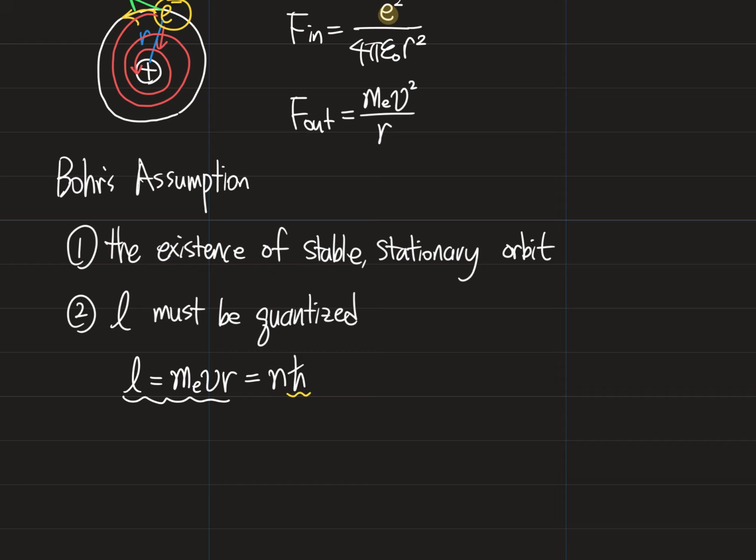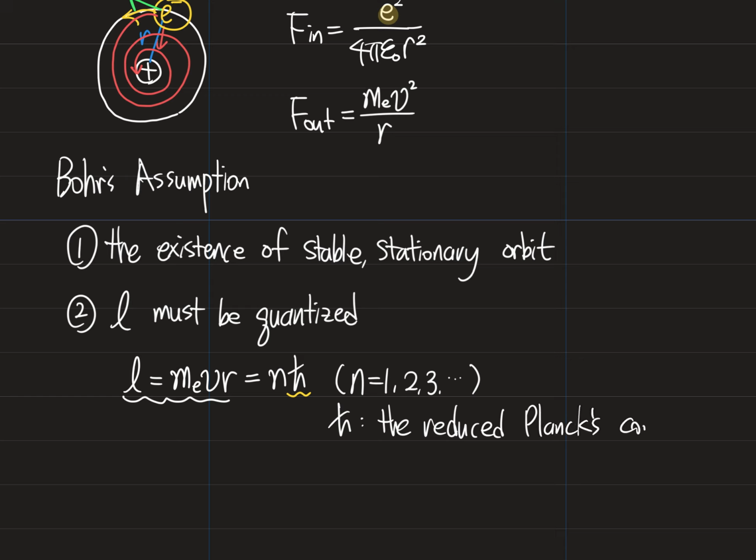This is a magical fundamental constant, and n should be 1, 2, 3, and so on, a positive integer, and h-bar is the reduced Planck's constant. These revolutionary assumptions have profound consequences.